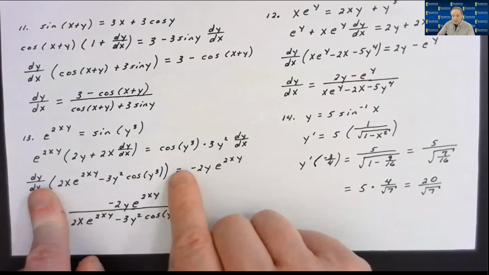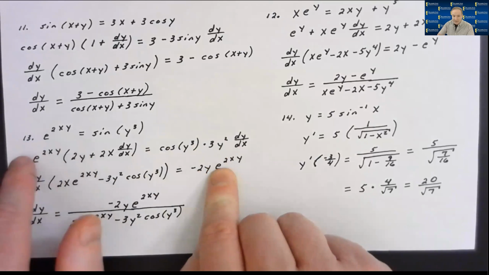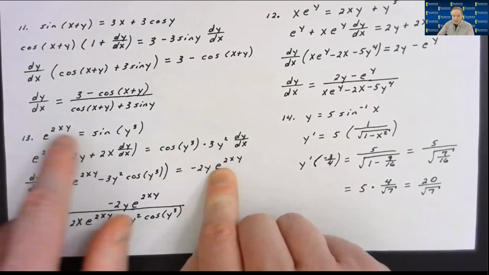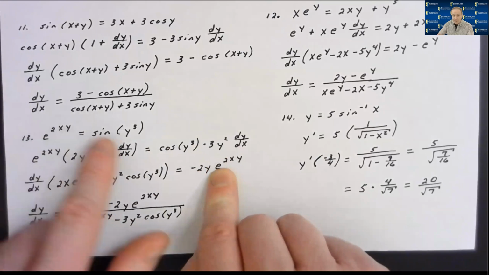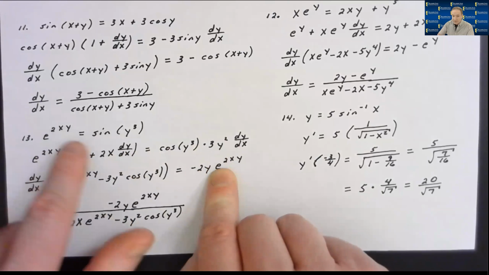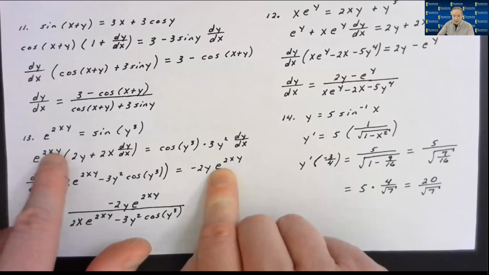Now, it is equal to, and it's extremely important that you see where this comes from: if I would have distributed on that left-hand side, I didn't want to do yet another step and show that, you'd see that you had two terms on the left. The second term had the dy/dx, the first term did not. It would just be a 2y e^(2xy).